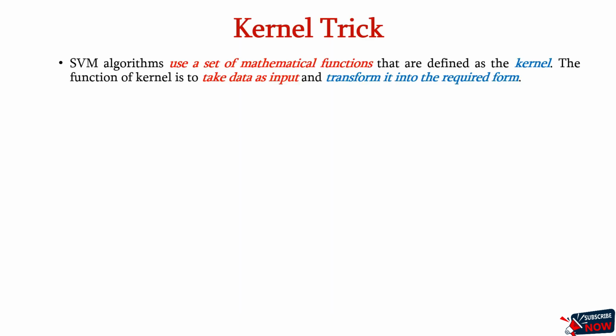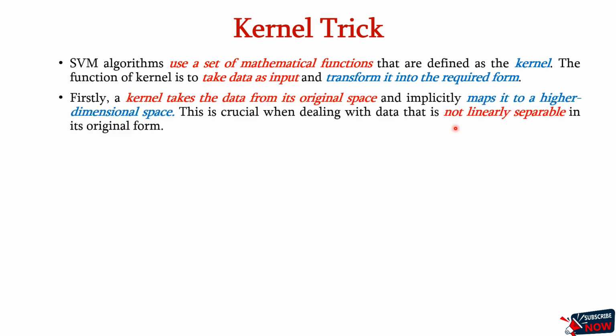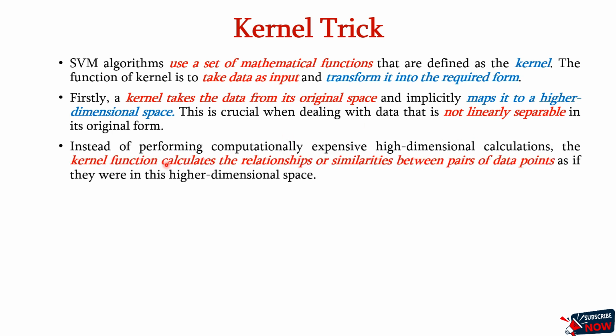SVM algorithms use a set of mathematical functions that are defined as the kernel. The function of the kernel is to take the data as input and transform it into the required form. Firstly, a kernel takes the data from its original space and implicitly maps it to a higher dimensional space. This is necessary when dealing with the data that is not linearly separable in its original form.